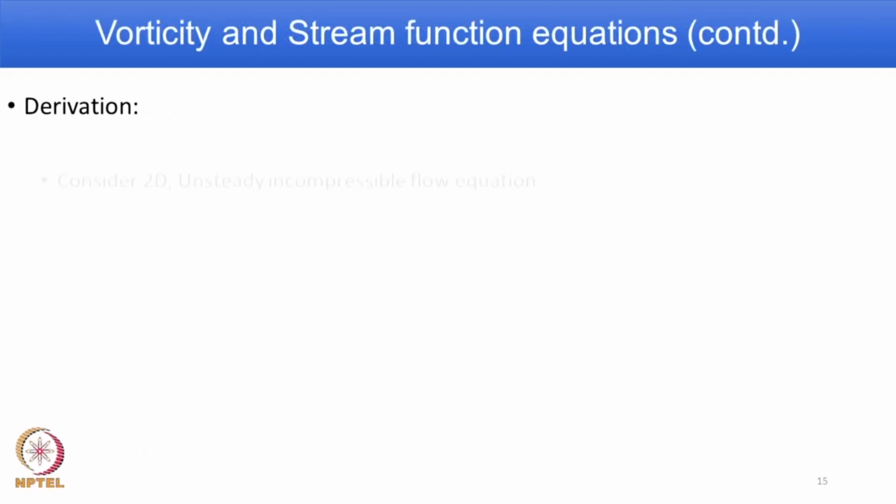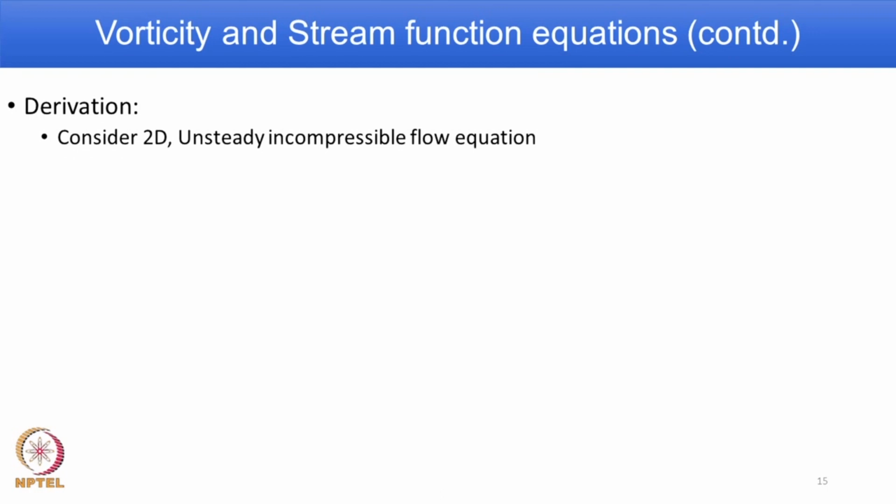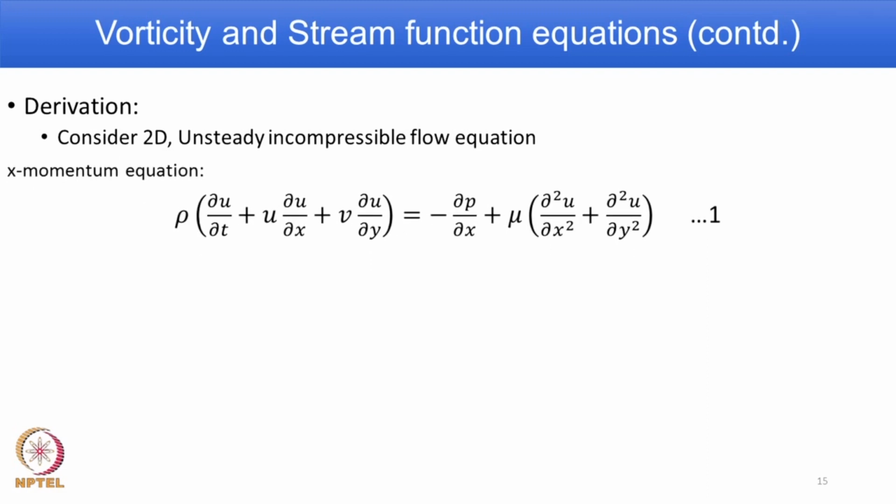So, we will do a detailed derivation of the vorticity stream function formulation. The starting point is always again the momentum equation. Take the momentum equation and consider a 2D unsteady situation, which means you can consider the x and y momentum equations.